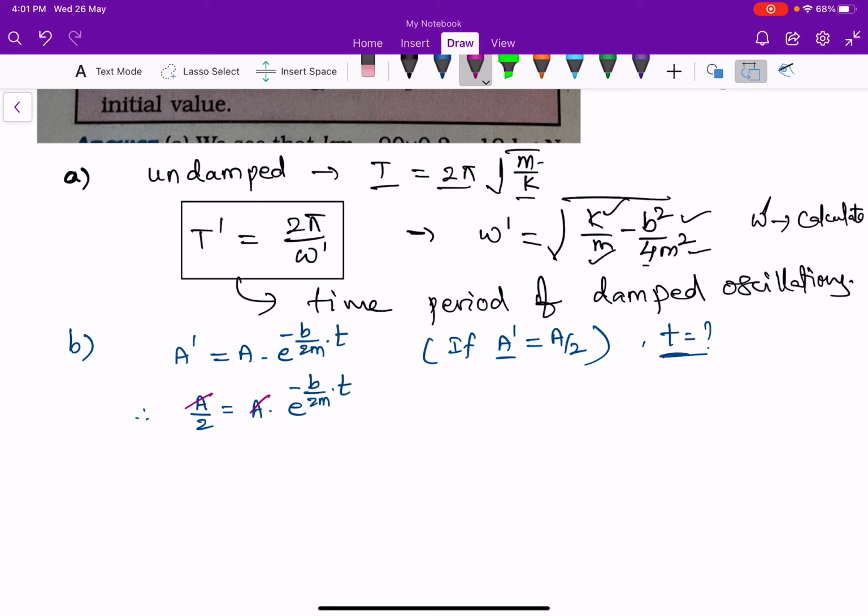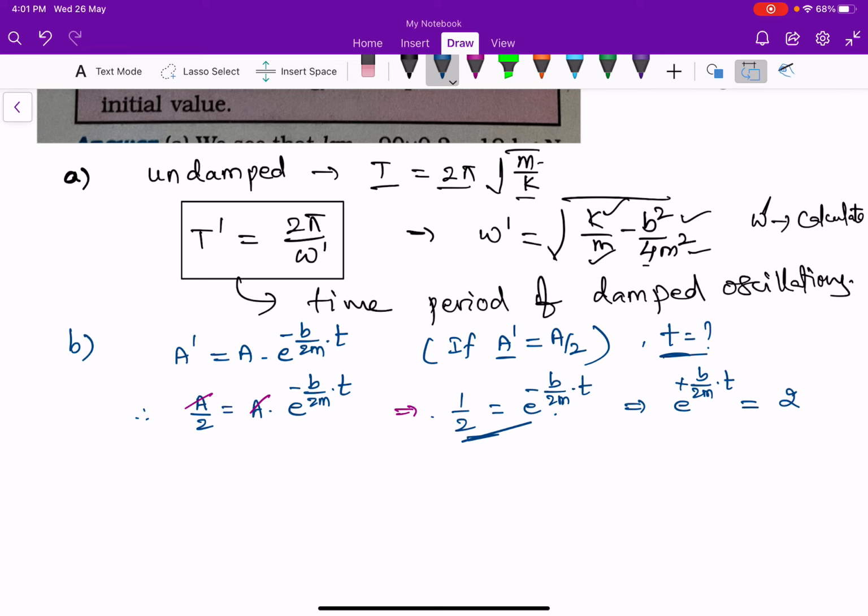So 1 by 2 is equal to e power minus b by 2m into t. I am just rearranging the terms here. When this comes to the left side, it becomes e power plus b by 2m into t, and when the 2 comes to the right side, it becomes 2.